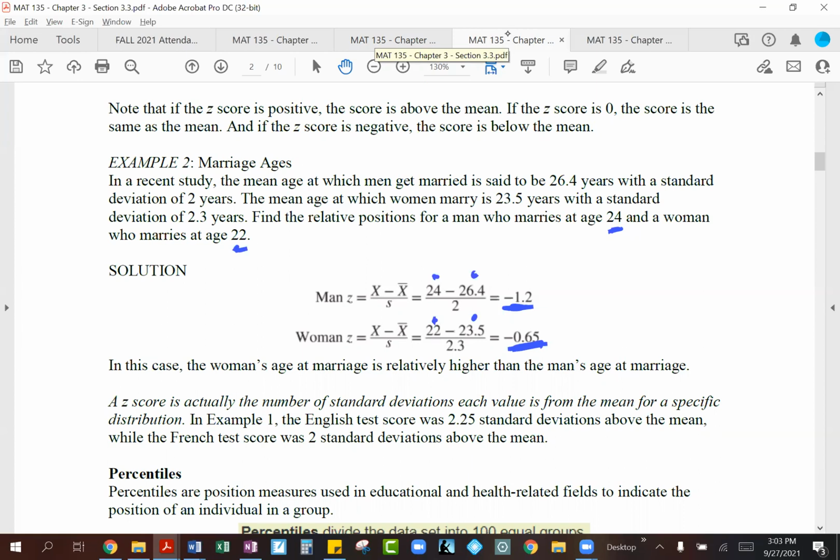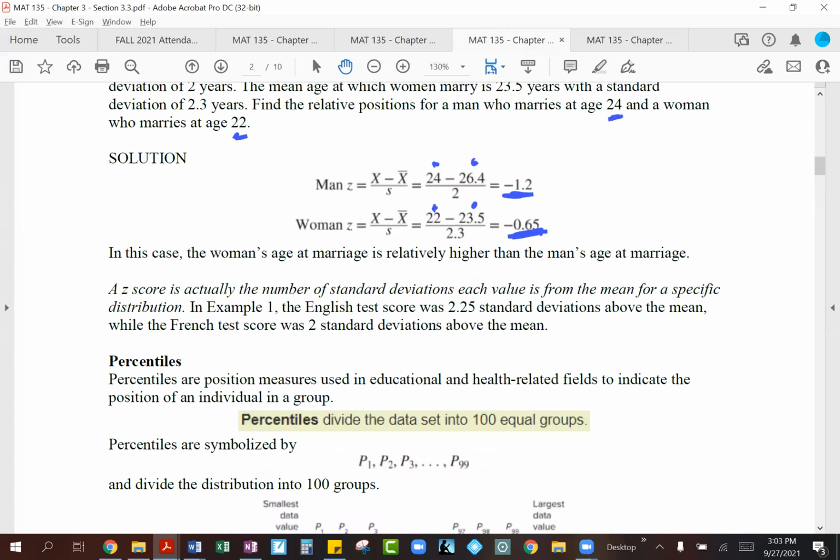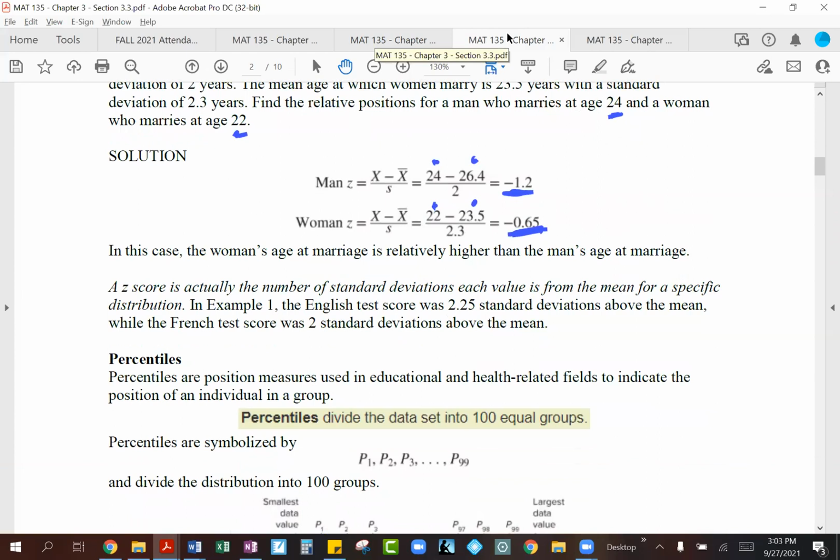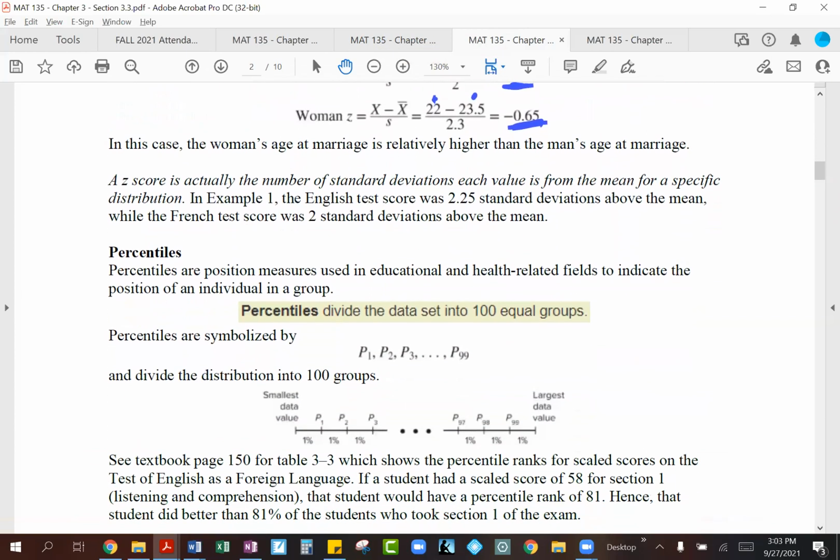So even though, if you just talk about, well, she's only 22 and he's 24, he's 2 years older than her. But when you look at the z-score, that of course tells you her z-score is closer to the mean than his. So that's why she is relatively higher at her age than he is. So that's kind of how you use the z-score to help you with these measures of position.